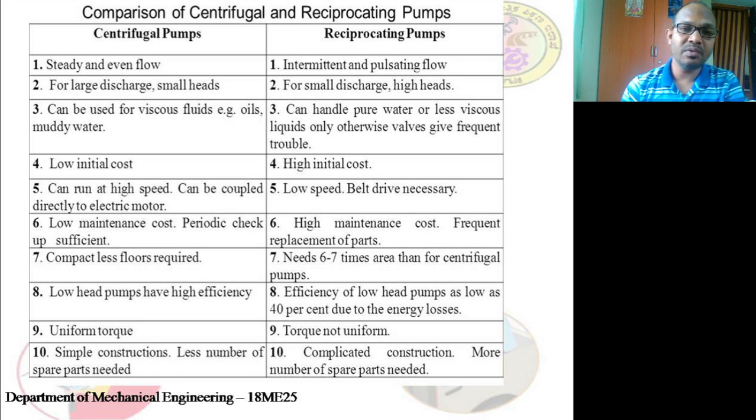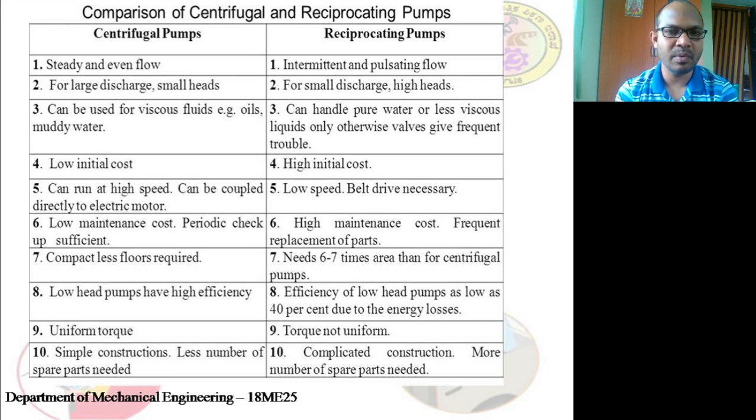And that also provides us one more point, that the centrifugal pumps work for the smaller heads, whereas the reciprocating pumps work for high heads. Is it clear?